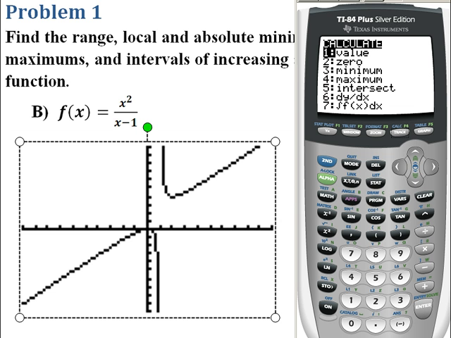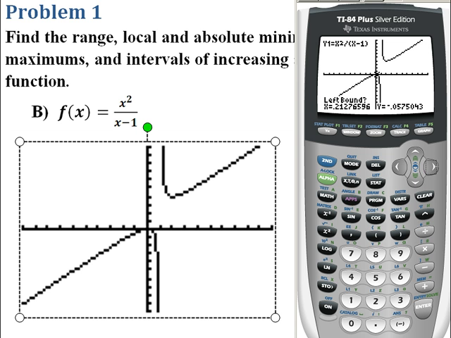And then for the minimum, option 3 for minimum. If I keep scrolling right, we'll get to that second branch of the graph. So left bound, right bound, guess. And we get a point at 1.9 repeating, so we'll call that 2, 4.